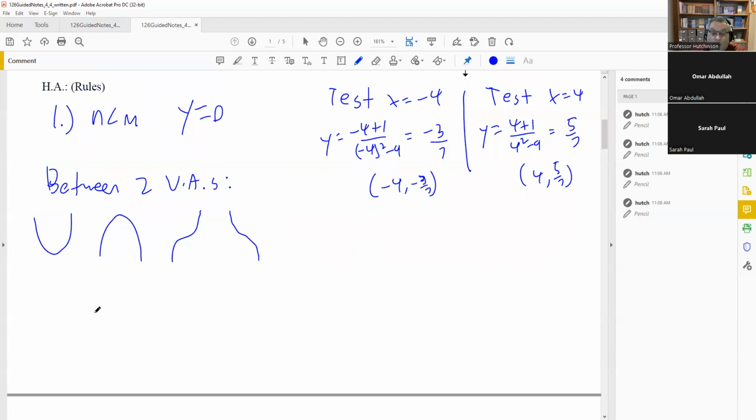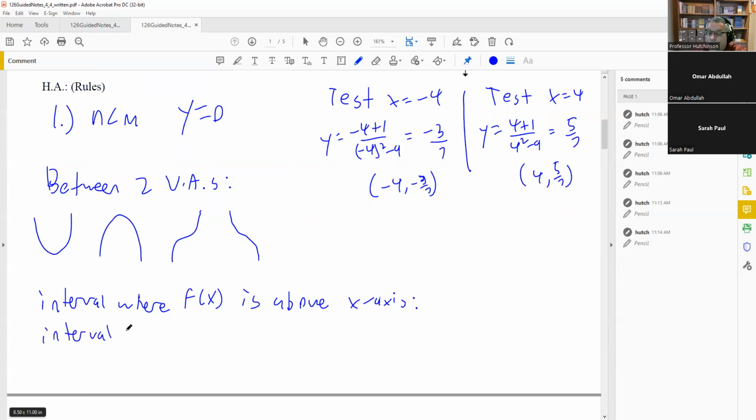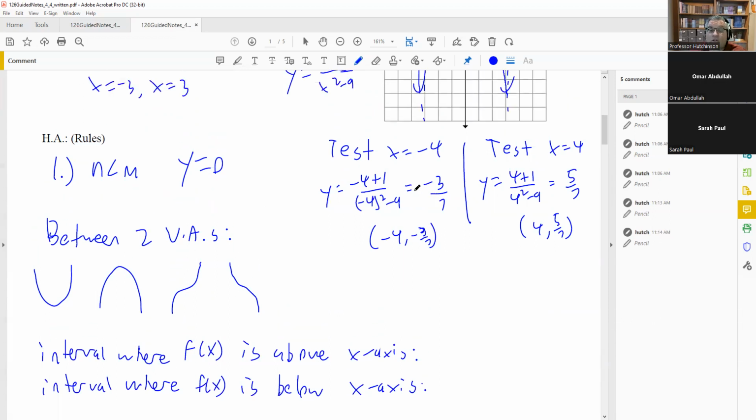It says: find the interval where f of x is above the x-axis, and the interval where f of x is below the x-axis. So it is going to ask you these additional questions. I want to go ahead and do that for the one I just did, so that you have an idea of how to do it.